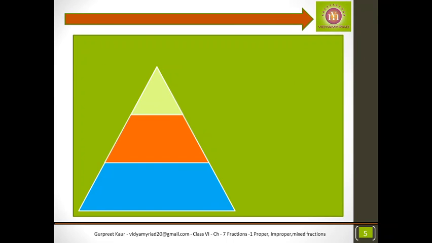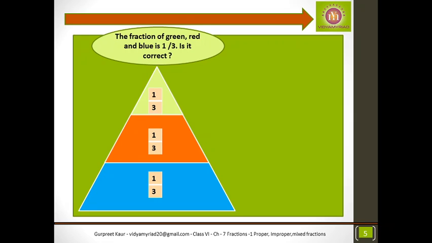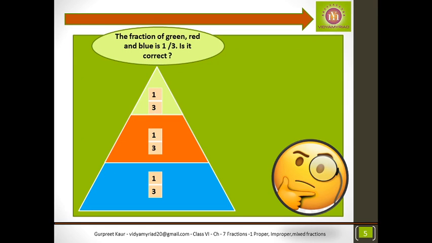Now see, such a big triangle, and in this triangle all these parts are 1 by 3. My question is whether the fraction of all these green, red and blue parts is 1 by 3. Is it correct according to this? No, my dear children, this is not correct.